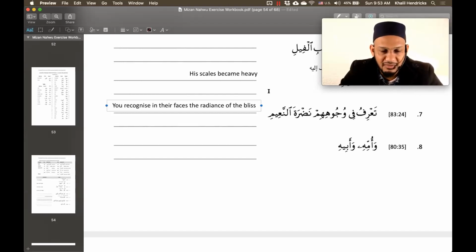What do you recognize in their faces? Nadra, the radiance of an-na'im, of the bliss, of the delight. So Allah is telling you, if you look at the people of paradise, you will see in their faces that radiance of paradise. Good. So that's the translation.